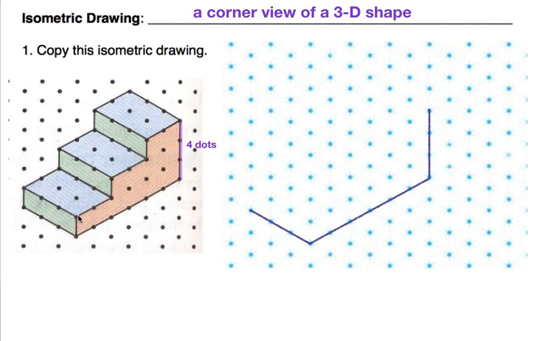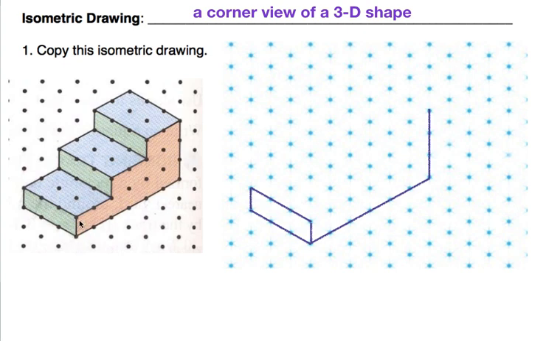So to get this first step, see how these two edges are one jump high, it's connecting 2 dots. So you can do that, one jump high, on each edge of this baseline here to get that part of the stair and then connect it.